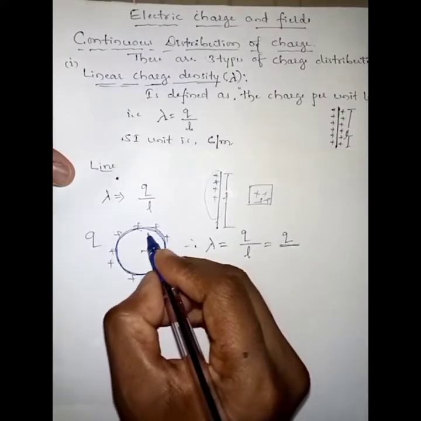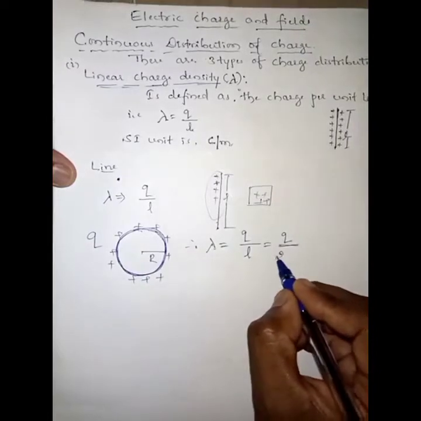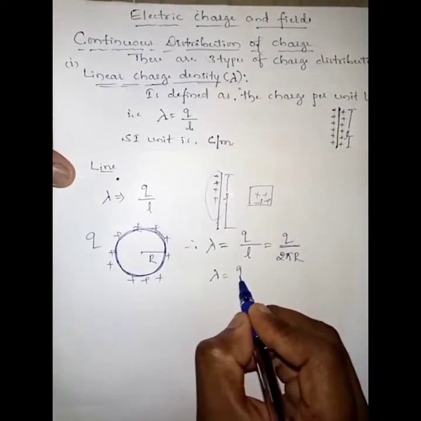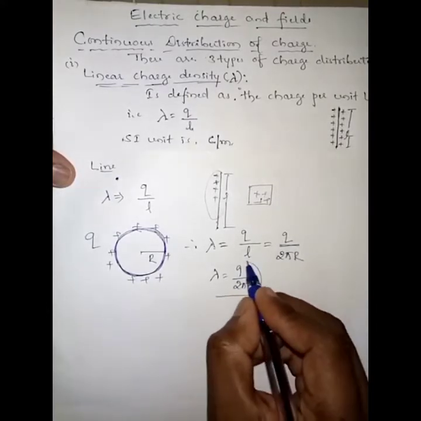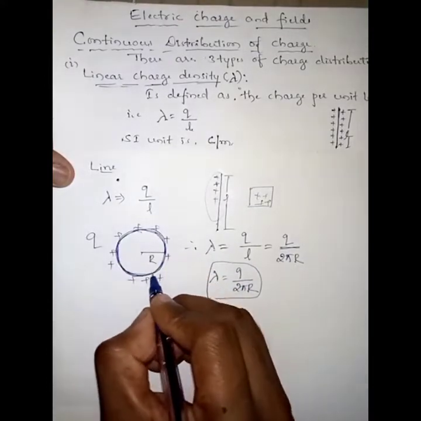The total length is the circumference of the circle, which is 2 pi r. Therefore, lambda is equal to Q divided by 2 pi r. This is the linear charge density of the ring.